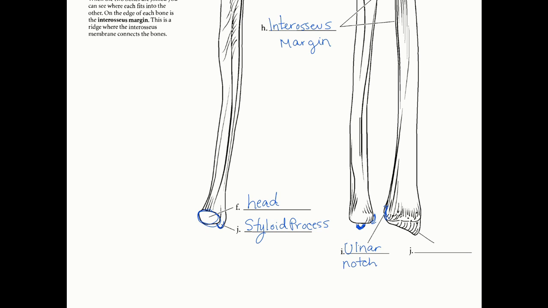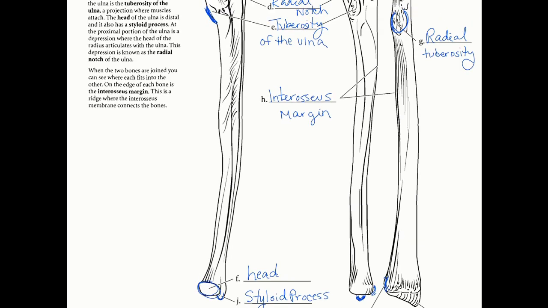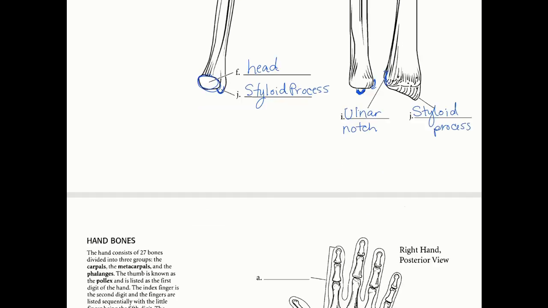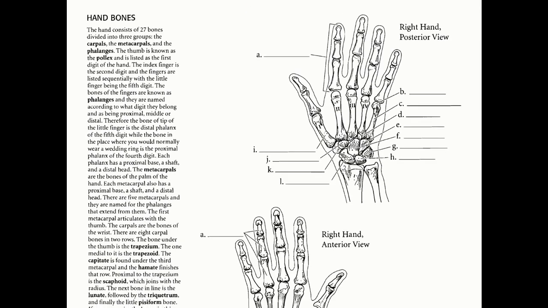And then here, also on the radius, we have the styloid process of the radius. So that covers our forearm, or the antebrachial. Let's go ahead and take a look at the manual, or the hand.